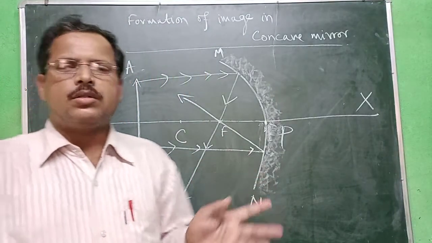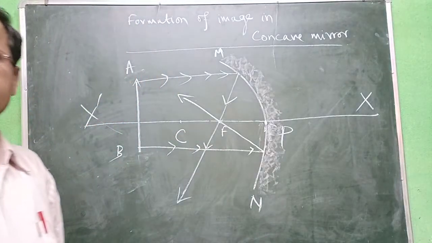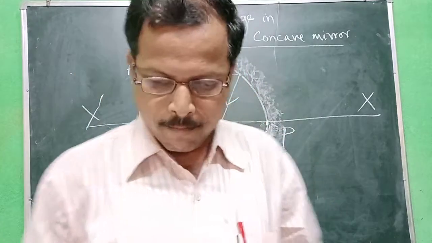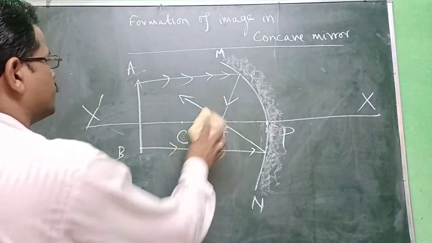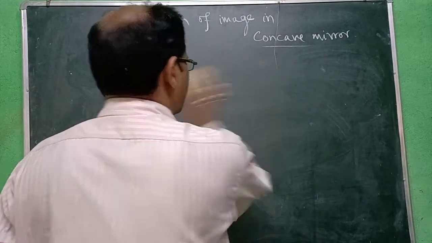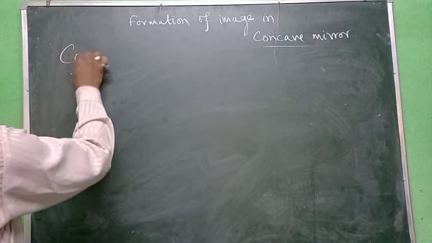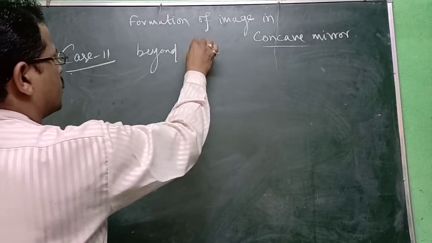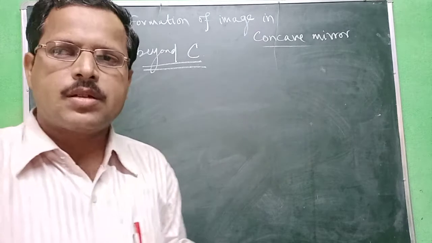Okay, now next we go to case 2, beyond C. What happens when the object is placed beyond C?